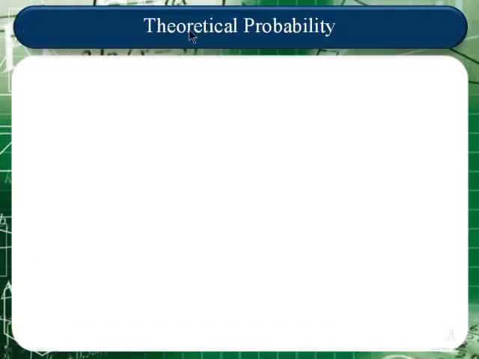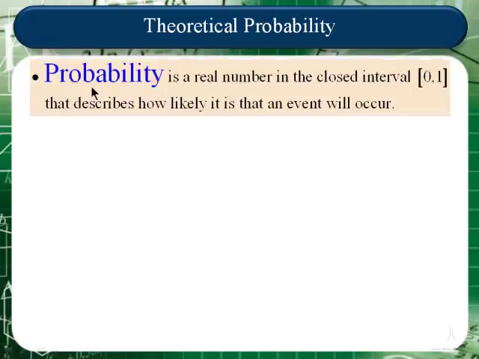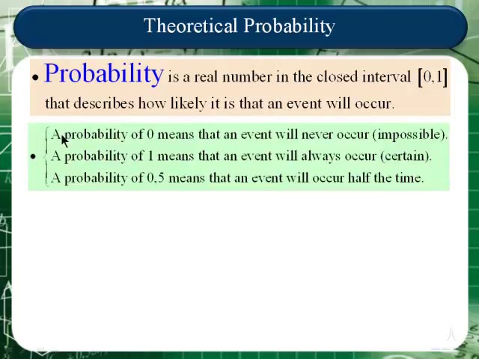Let us look at theoretical probability. Now probability is a real number in the closed interval 0, 1 that describes how likely it is that an event will occur. A probability of 0 means that an event will never occur. So in other words, it's impossible.